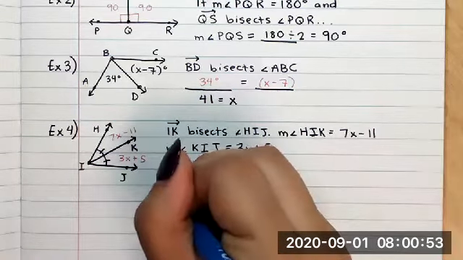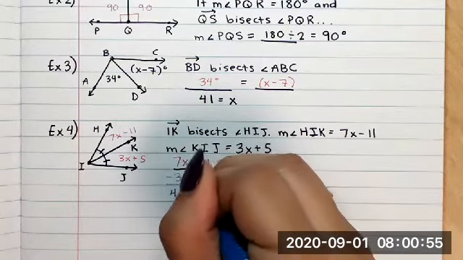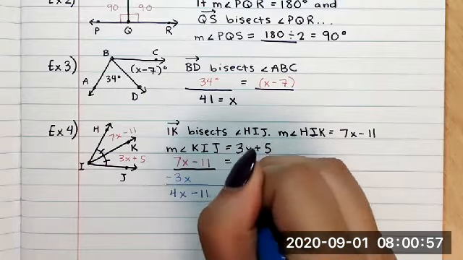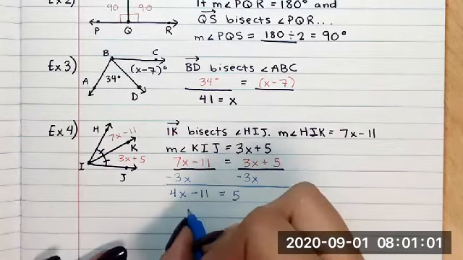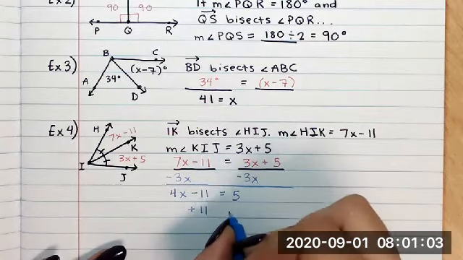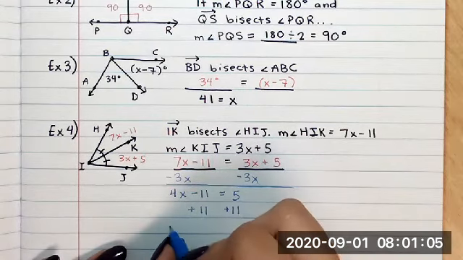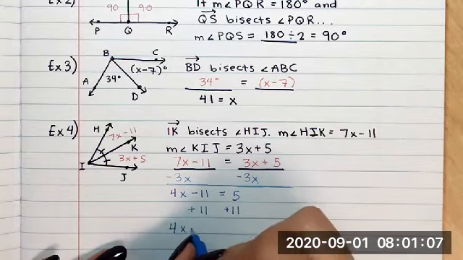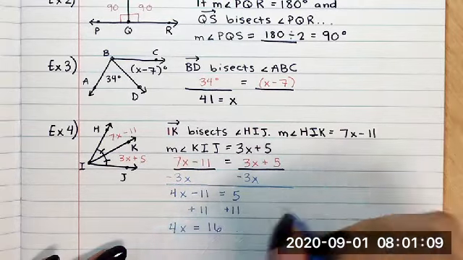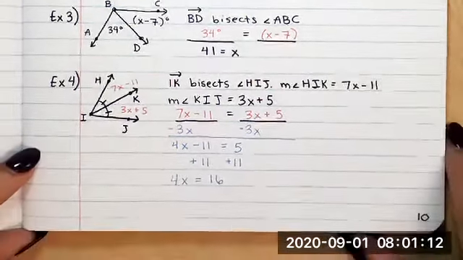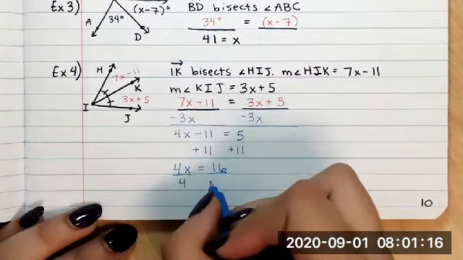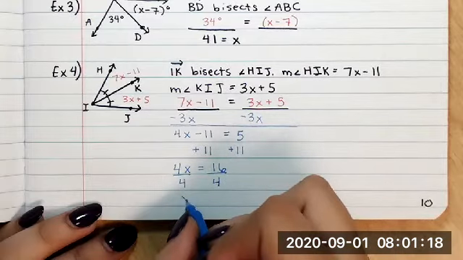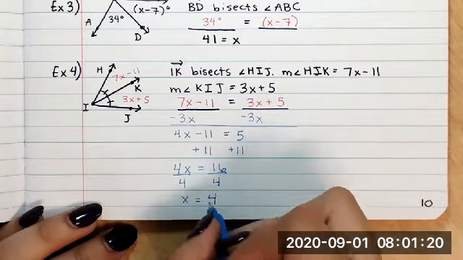And that'll give me 4x minus 11 equals 5. Now I'm going to add 11 to both sides. That'll give me 4x equals 16. And then from there, I divide both sides by 4 and get x equals 4.